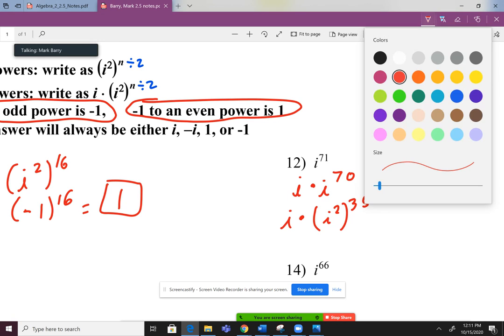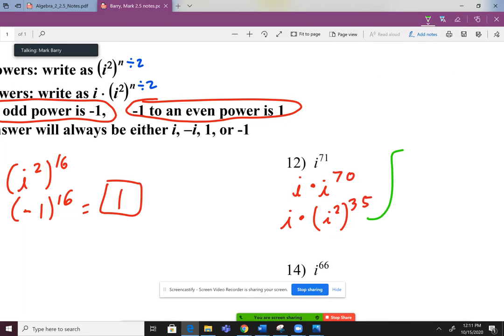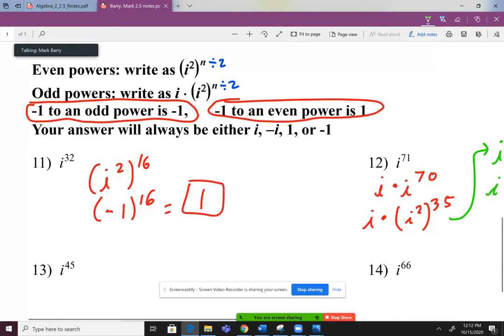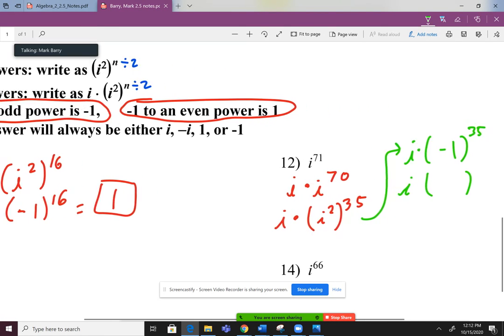Okay, what next? Well, we know that I squared is -1, so I'm going to leave the I out front, but I'm going to change I squared to -1. So now we have I times -1 to the power of 35. What is -1 to the power of 35? Well, I said -1 to any odd power stays as -1, correct?